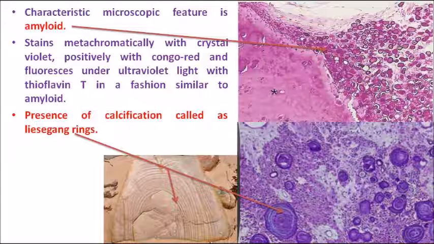In those sedimentary rocks you can see some rings, isn't it? So it is similar. That same pattern is depicted in the tumor also. That is why it is called the Liesegang ring pattern. The presence of calcifications is also called Liesegang rings. Clear? So these are the two important histological MCQs which are routinely asked pertaining to CEOT.